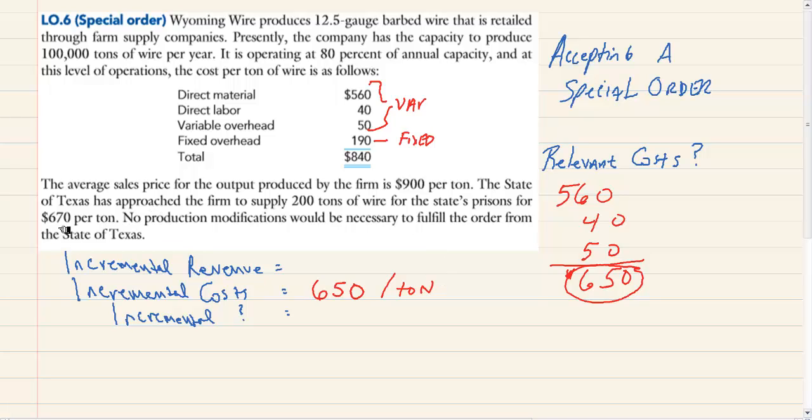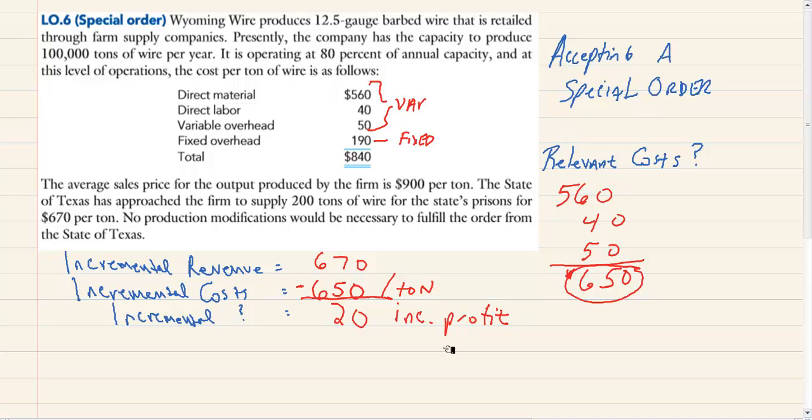The problem says that the State of Texas is willing to pay us $670 per ton. So we're talking about an incremental revenue of $670 and an incremental cost of $650. The $20 difference per ton would be an incremental profit.